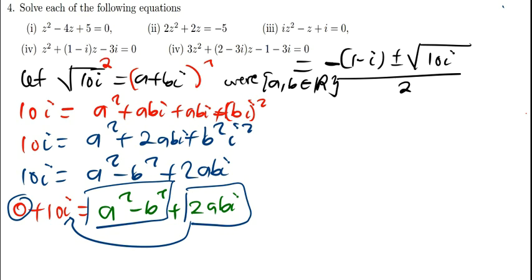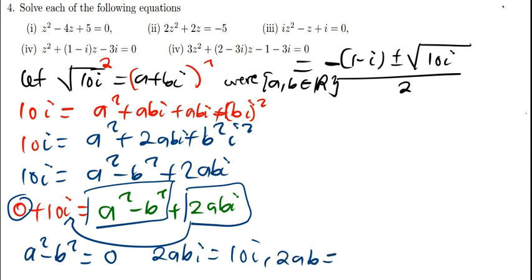We say a squared minus b squared is equal to the real part, which in this case is 0. Next, the imaginary part: 2ab should be equal to 10. So you can ignore the i for now. You can just say 2ab is equal to 10.